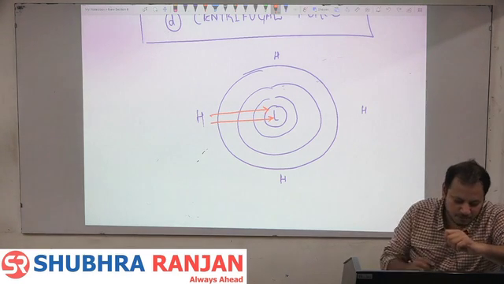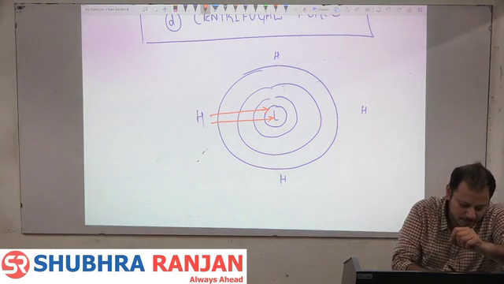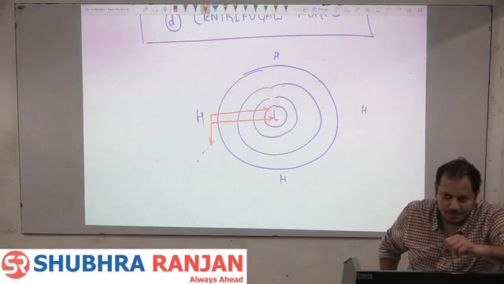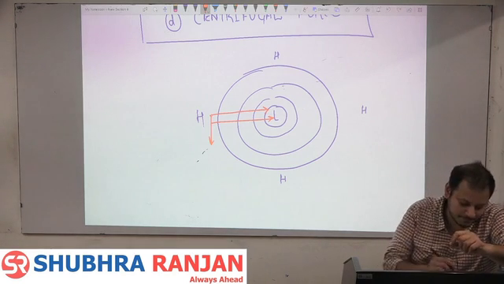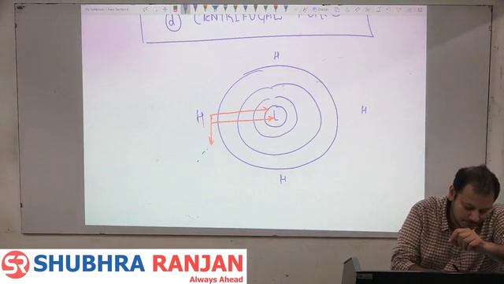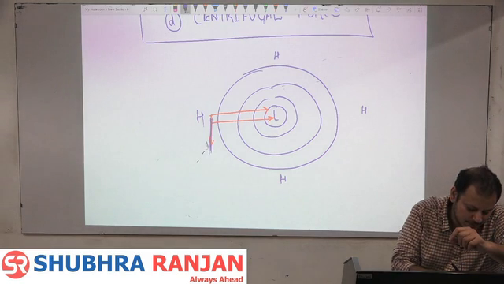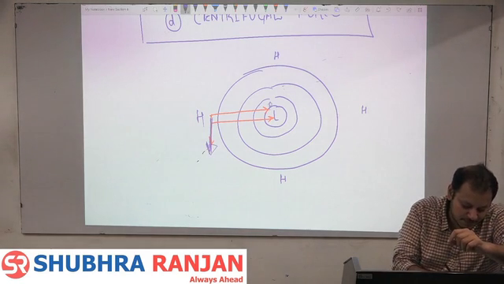In which direction will the Coriolis force apply? Perpendicular to the pressure gradient force. This is the pressure gradient force. This is the centrifugal force.